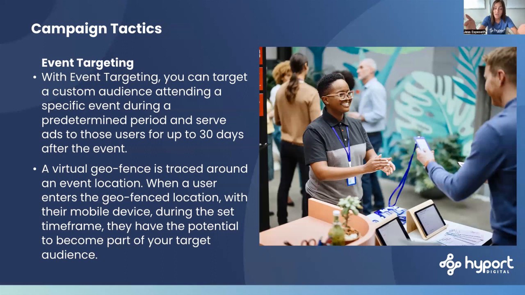The goal here being that once the event is over, we can then take that user device information and send ads to those people, knowing that they are likely a target audience of who you're trying to reach because they recently attended the home show.